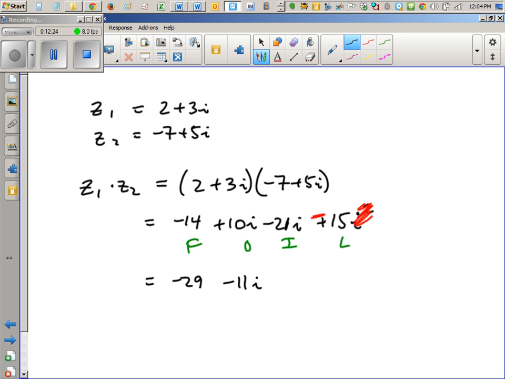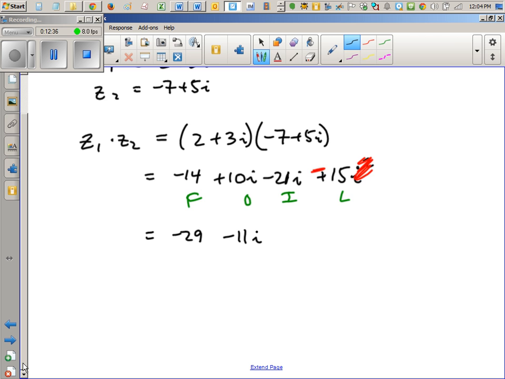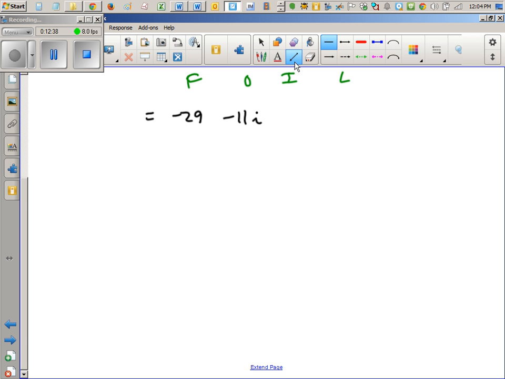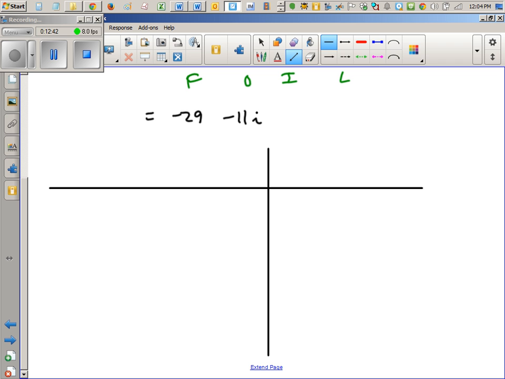Now, we're going to graph them. So we're going to graph z1, z2, and the product z1 z2. And there's a very interesting geometric interpretation here. So let's go ahead and draw them. You need lots of space for this one. Z1 was, I can't remember, what was it?